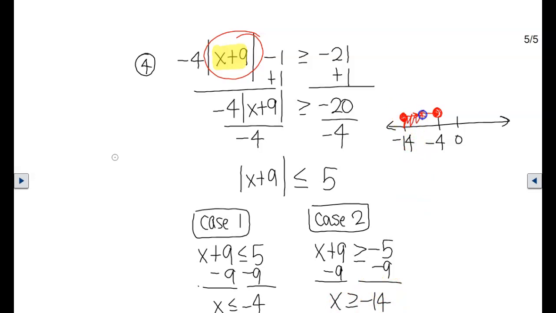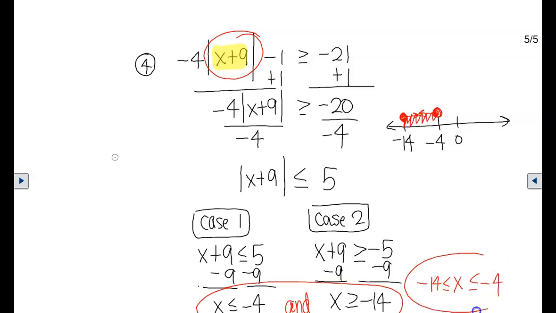This is a car bumper, so this is an and. Which means I could condense if I want. Smaller value is negative 14, so I would flip this part. Negative 14 less than or equal to x. And then my x is waiting there for me to be able to say that he is also less than or equal to a negative 4. So this would also be acceptable as an answer.